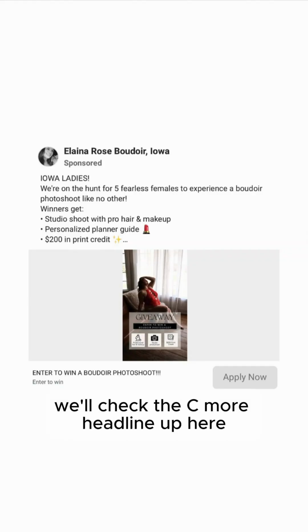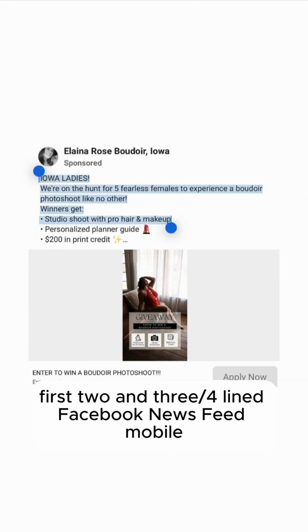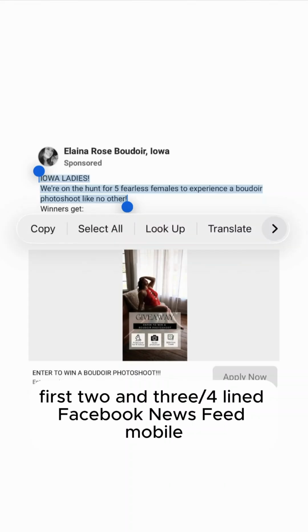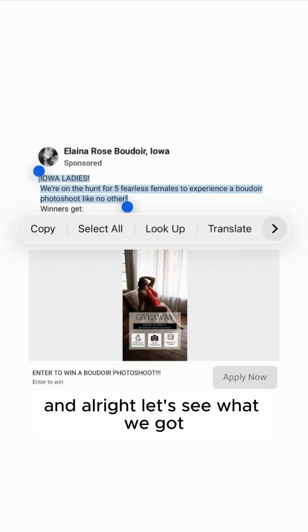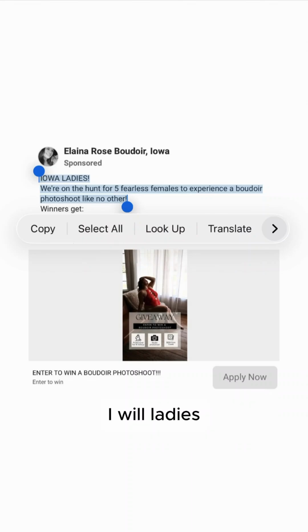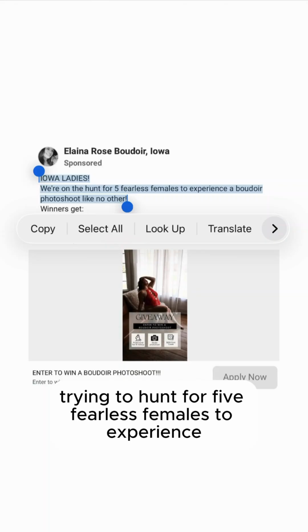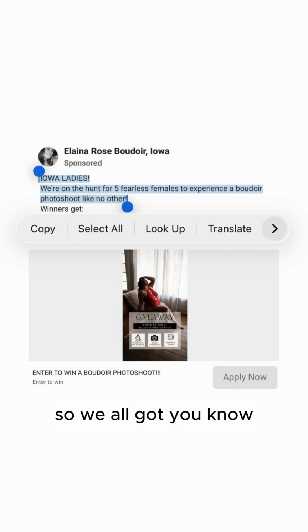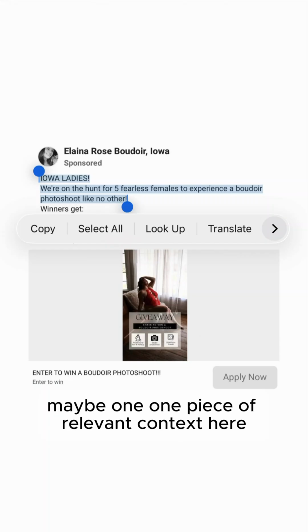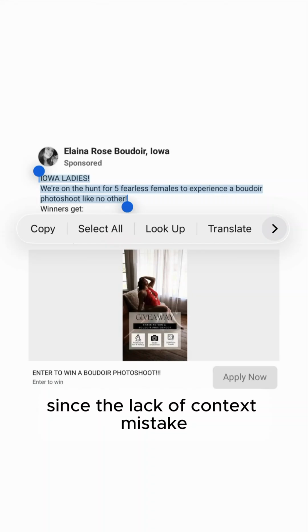All right, finally, we'll check the see more headline up here, first 2 3/4 lines, Facebook newsfeed mobile. Let's see what we got. All right, ladies, around the hunt for 5 fearless females experiencing Boudoir photos you like. So we only got maybe one piece of relevant context here. So it's the lack of context mistake.